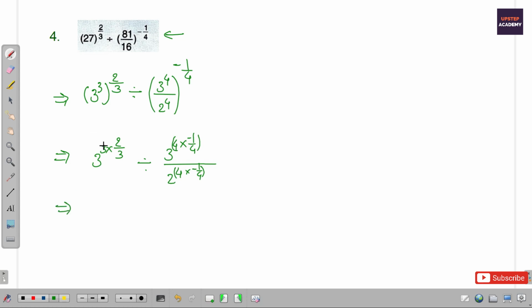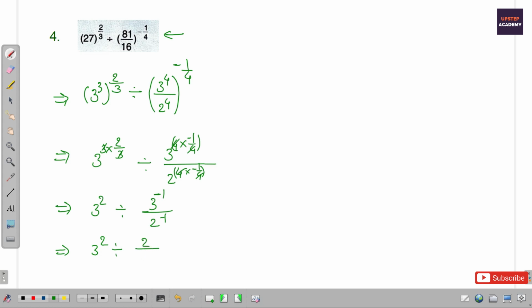In the next step I can cancel this. So the thing remaining here will be 3^2, and this divided by 3^(−1), with the 4 cancelled, and 2^(−1), again, right? Here you can see both the numbers have negative powers, so I can take the denominator to the numerator and the numerator to the denominator so that their powers become positive.